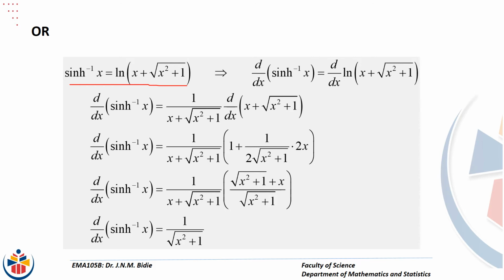The derivative of the right hand side is 1 over the argument of ln multiplied by the derivative of the argument of ln. So find that derivative, we get 1 plus 1 over 2 square root of x squared plus 1 times 2x. Simplify. Simplification leads us to the same answer. Please check that simplification to see if you are going to get the same answer.